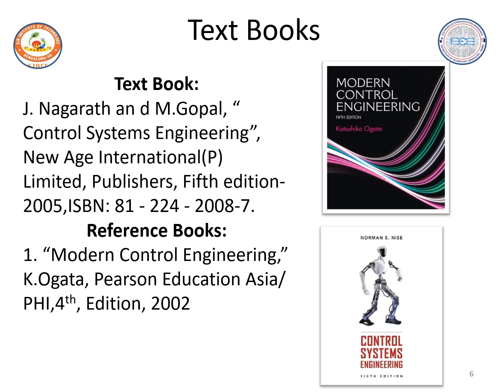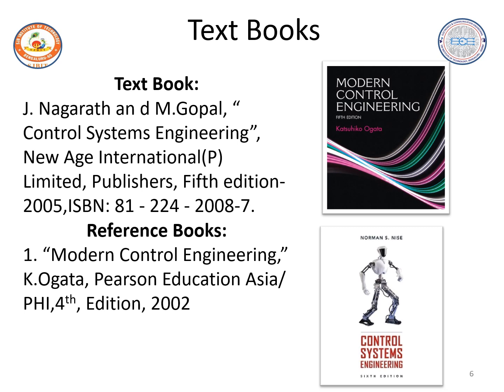Coming to textbooks, syllabus is framed according to the given textbooks here in the slide. The textbook from which the syllabus is framed is Control System Engineering by J. Nagrath and M. Gopal, 5th edition, and the details of the books are given in the slide. Along with this, you can refer few other textbooks which are listed.